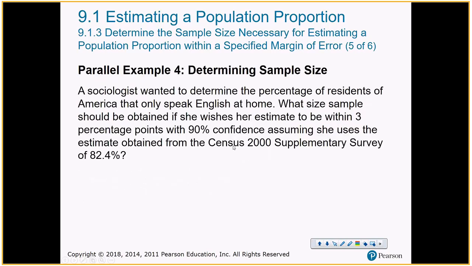There we go. A sociologist wants to determine the percentage of residents of America that only speak English at home. What else would you speak outside of the house? I don't understand that question. Think about it.